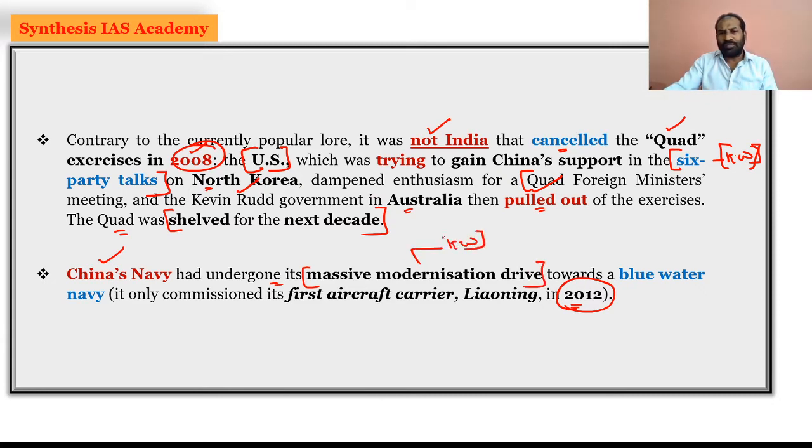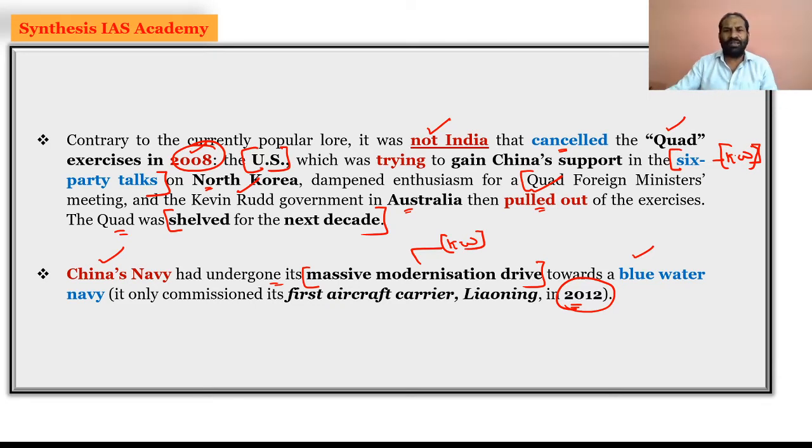When the Quad was cancelled for various reasons, because of the US and Australia pulling out of it, China took this advantage and started a massive modernization drive of its Blue Water Navy, definitely in the South China Sea, then trying to have its importance felt even in the Indian Ocean, and further to the Persian Gulf, and having its base in Djibouti in the Horn of Africa. So it went ahead with a massive modernization drive in the South China Sea, then the Indian Ocean, Indo-Pacific Ocean, and also the Arabian Sea or the Persian Gulf.